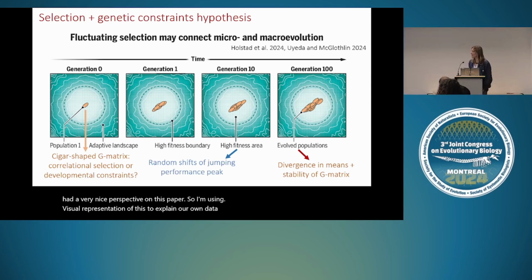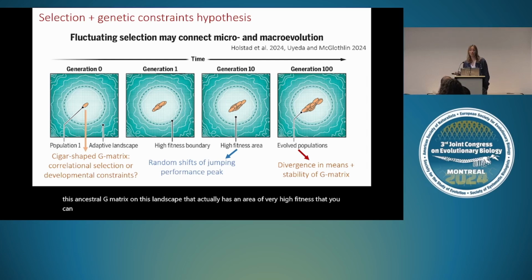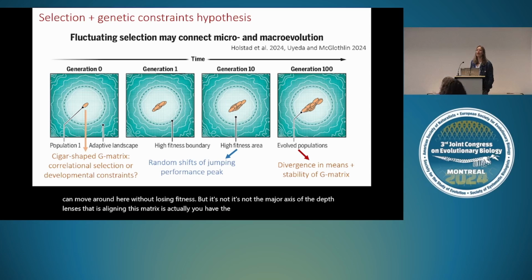So what this means is that we have this ancestral G matrix on this landscape that has an area of very high fitness, where you can move around without losing fitness. But it's not the major axis of the adaptive landscape that is aligning this matrix. You have the performance peak jumping around in this area, so it's not affecting fitness.